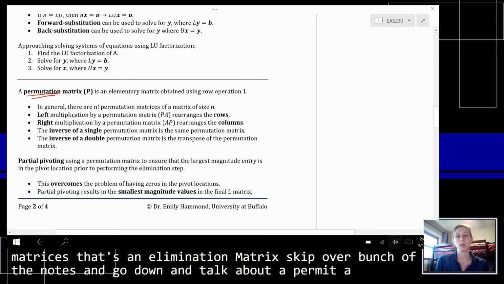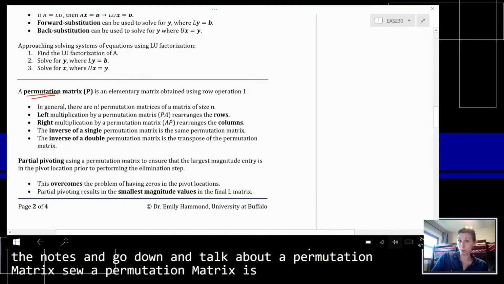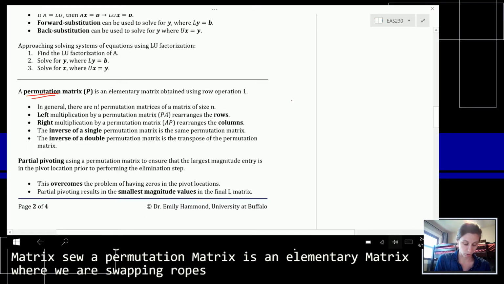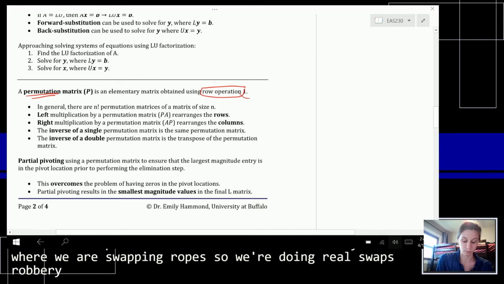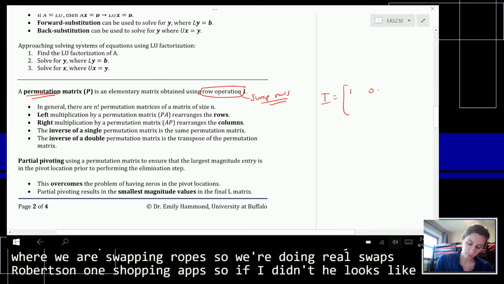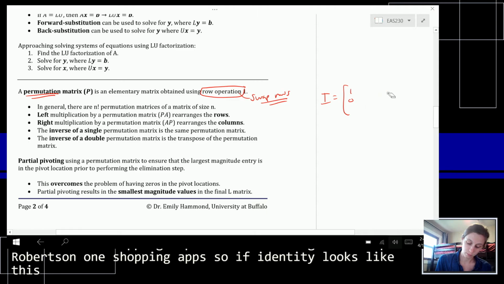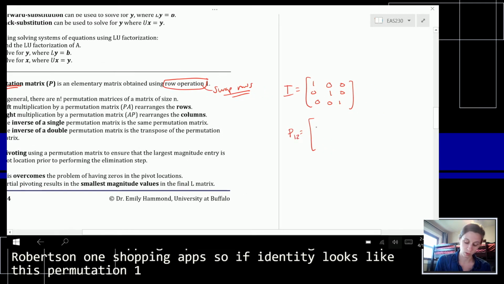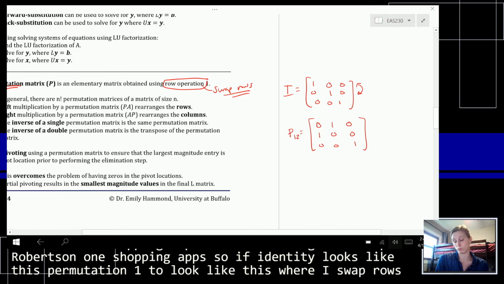I'm going to skip over a bunch of the notes and talk about a permutation matrix. A permutation matrix is an elementary matrix where we are swapping rows. So we're doing row swaps, row operation 2. So if identity looks like this, permutation 1, 2 would look like this, where I swapped row 1 and row 2.